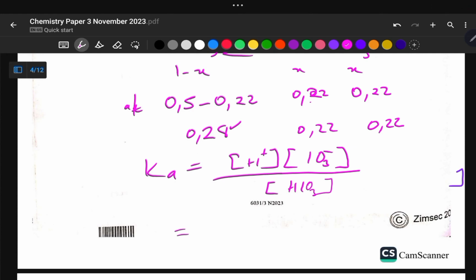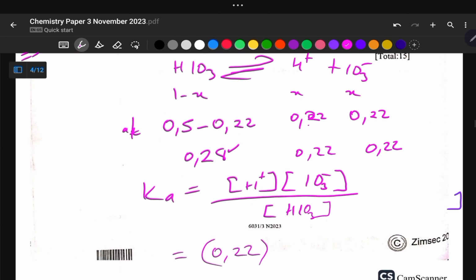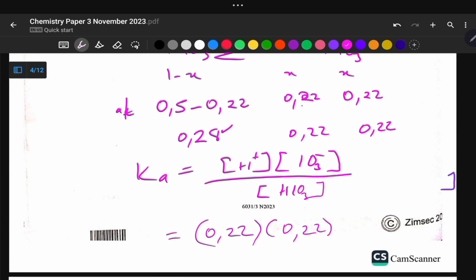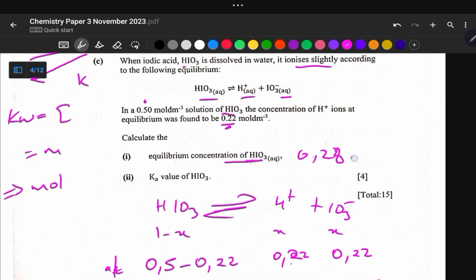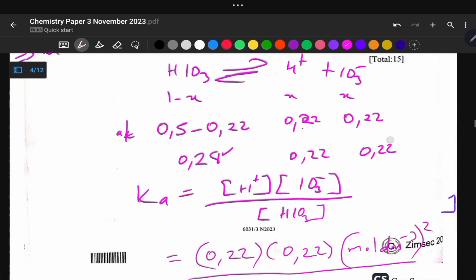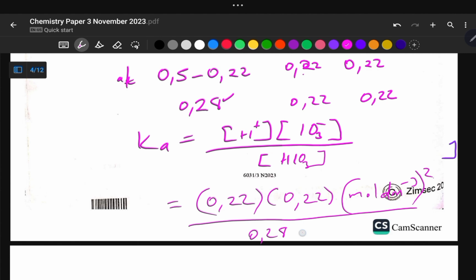So we're going to simply substitute the values. For the proton we have 0.22, and then for the conjugate base we have 0.22 again. So you need to take note of the units. Here the units are moles per cubic decimeter, and then squared. And then for the concentration of the acid, we need to put the units moles per cubic decimeter, right? So we are going to have 0.28 moles per cubic decimeter. So one of these units will cancel, right?